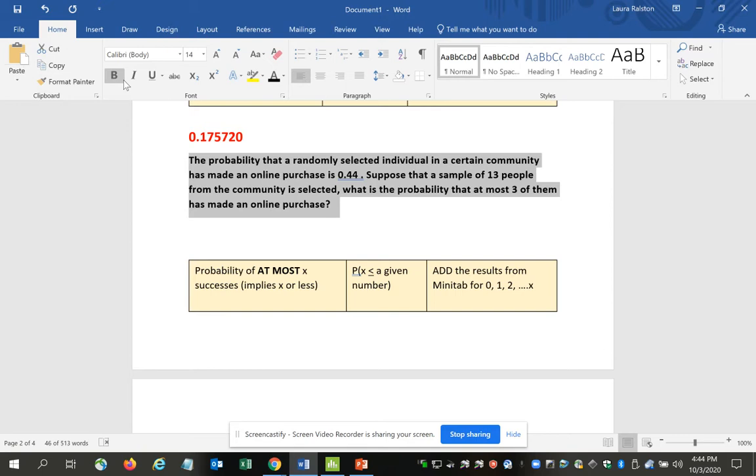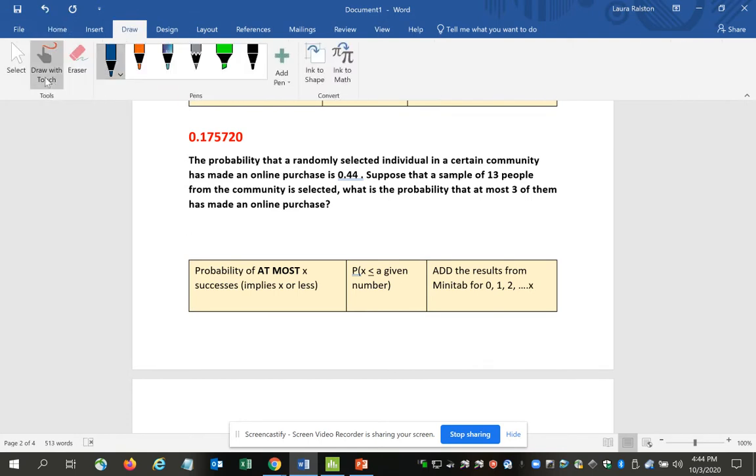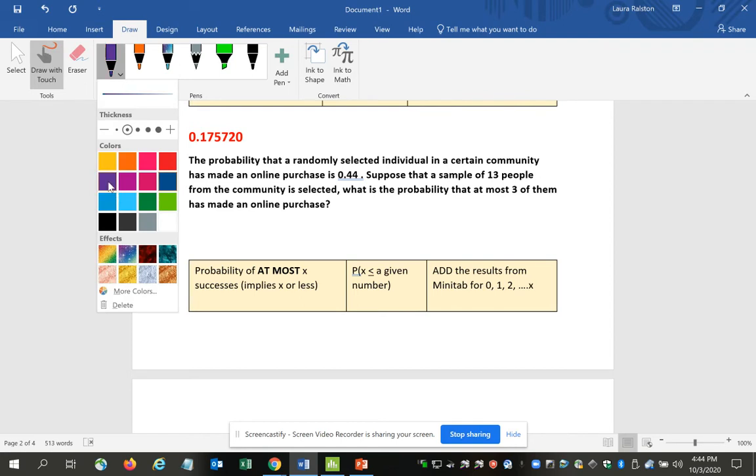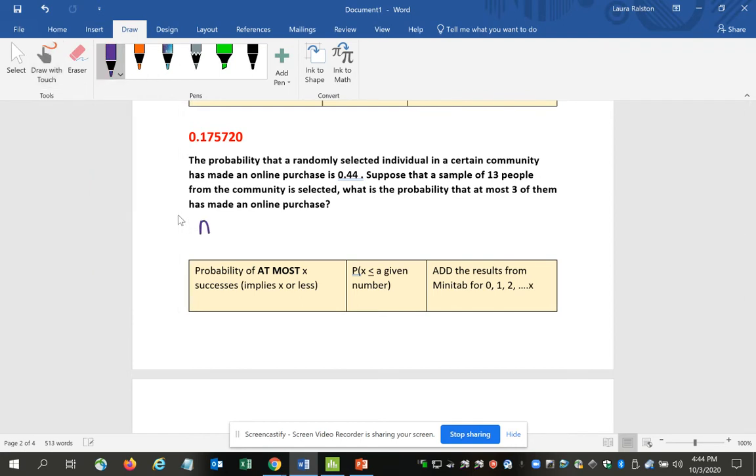What is the probability that at most 3 of them has made an online purchase? Okay, so again, the first thing that I need to do is to identify my N, which is the number of times I'm going to perform the experiment. And in this case, it tells us that 13 people are being selected.